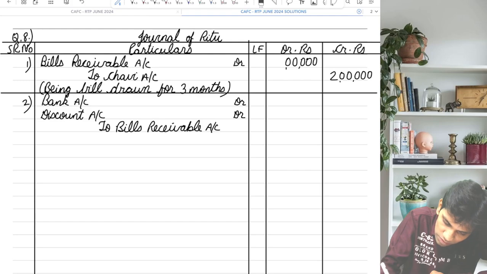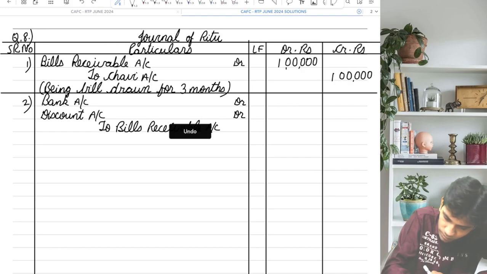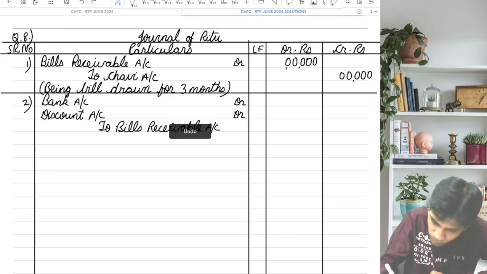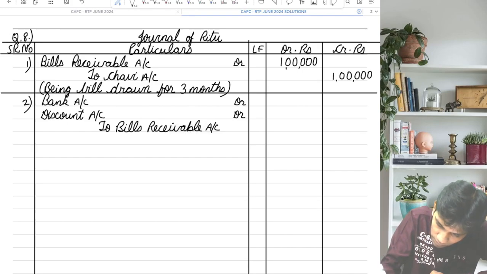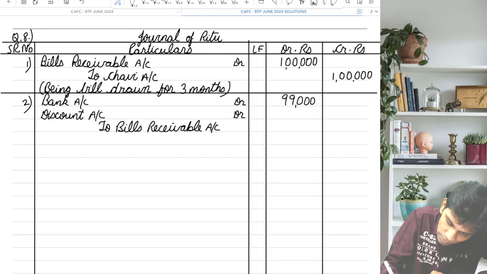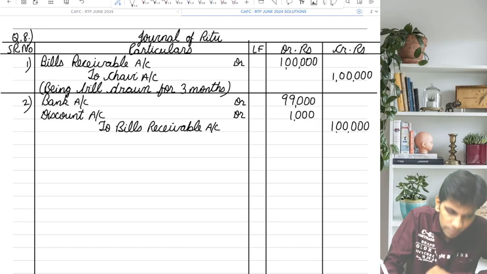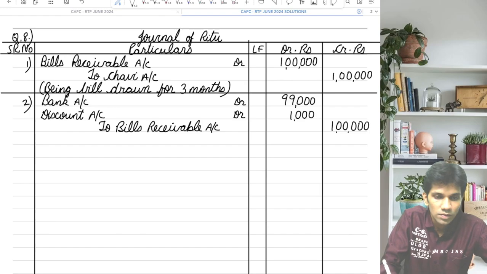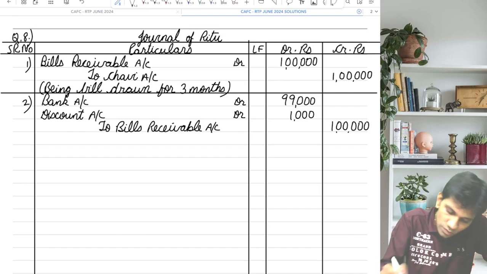Discounted the bill for 99,000. Sorry, this amount is 1 lakh. I've written 2 lakhs. This is 99,000. This is 1,000. This is 1 lakh. Okay, guys, we'll continue.